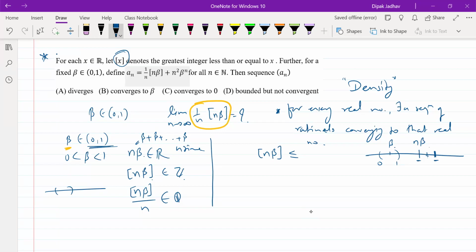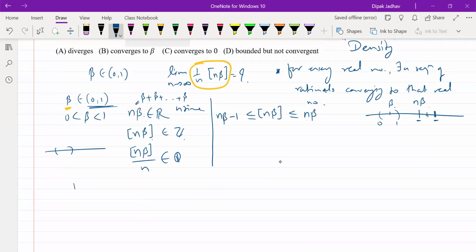Being a real number, it will lie between two consecutive integers. Which are those two integers? The highest among them is possibly n beta. And what is the integer previous to n beta? You subtract 1: n beta minus 1. Do you agree with this?